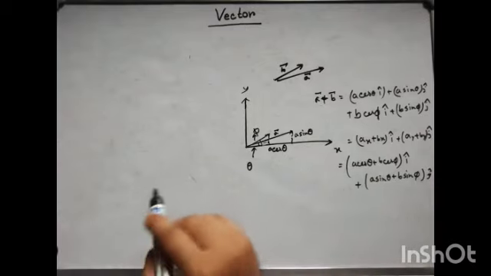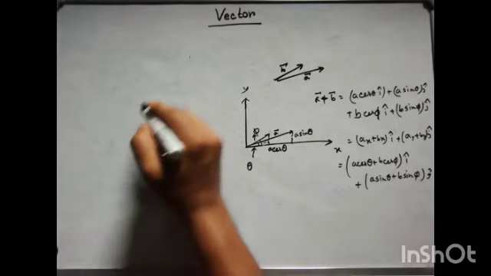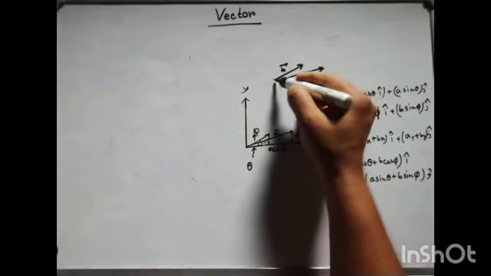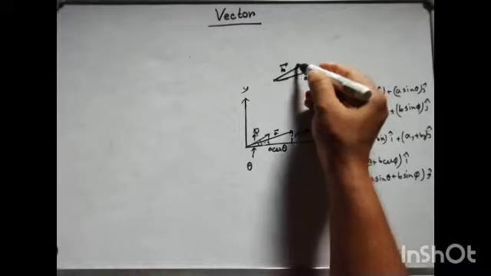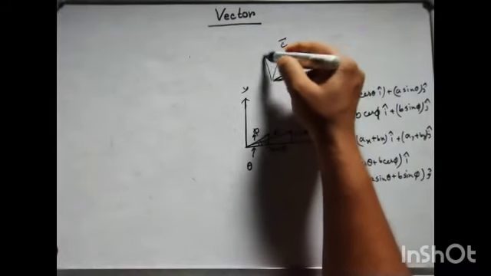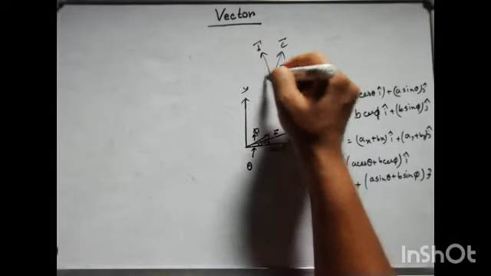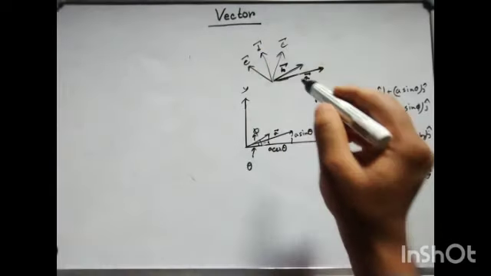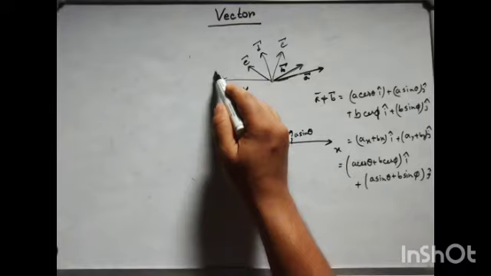So in this way, suppose I have given you many vectors to add, suppose this is the C vector, this is the D vector, this is the E vector, this is the F vector.